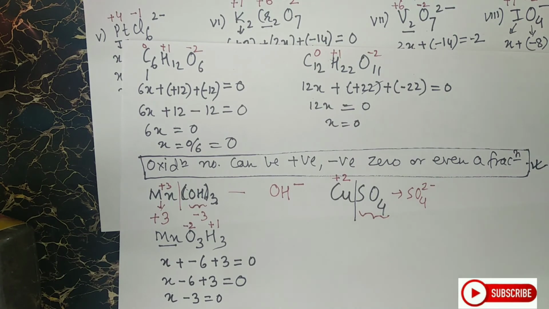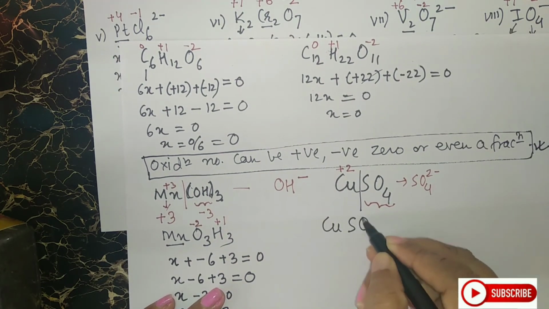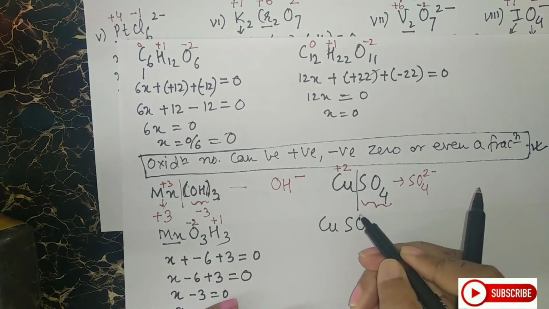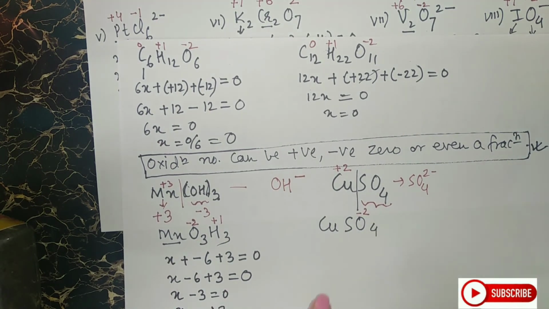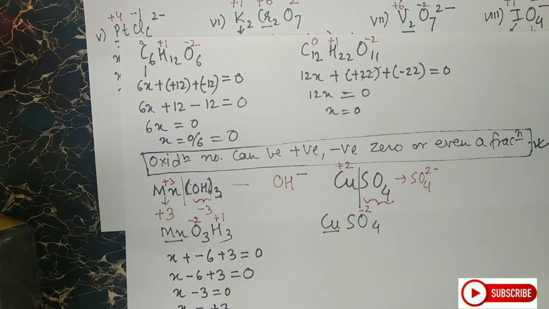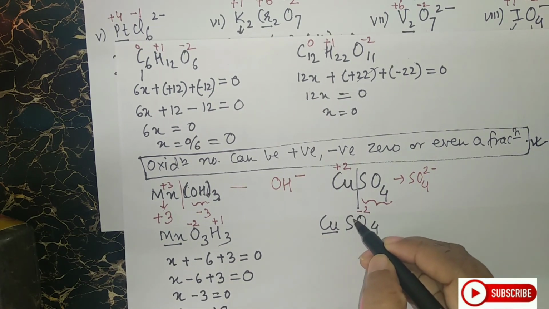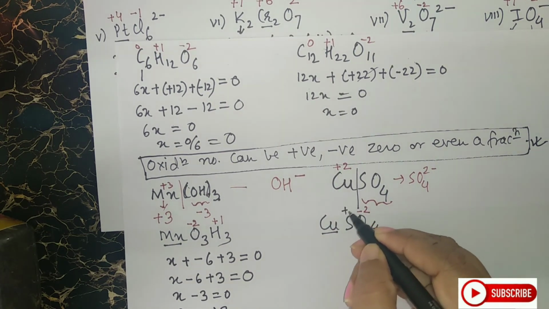But if you don't know this, let us apply the new rule here and do the calculation. So CuSO4, you know oxygen is -2. Now here I have to calculate the oxidation state for copper. Sulfur is from the 16th group, and so its oxidation state will be +6.